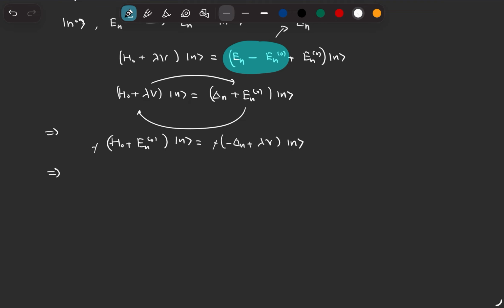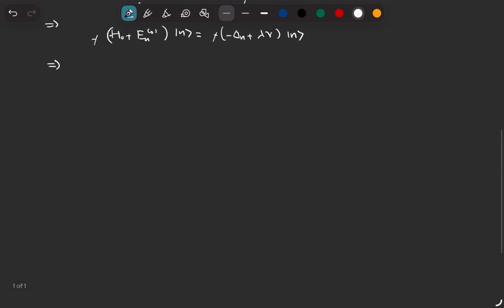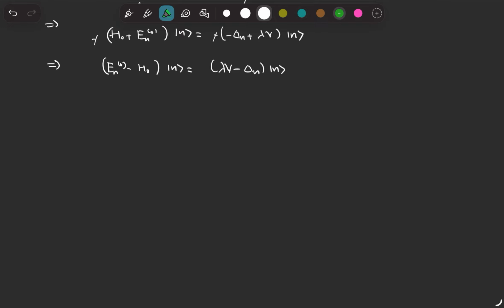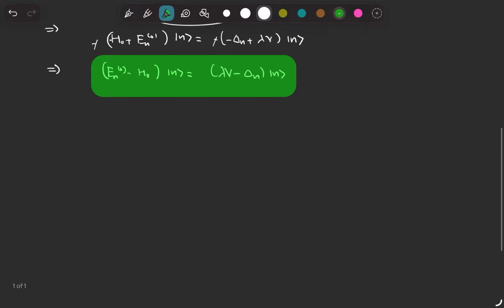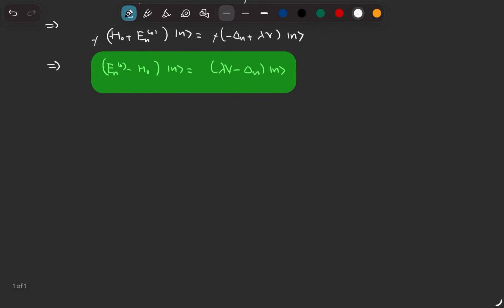This implies that (En0 minus H0)|n> equals (lambda V minus delta n)|n>. Great, so we have our equation. This will be the Schrodinger equation that we will be solving, trying to get the perturbed solution |n>.